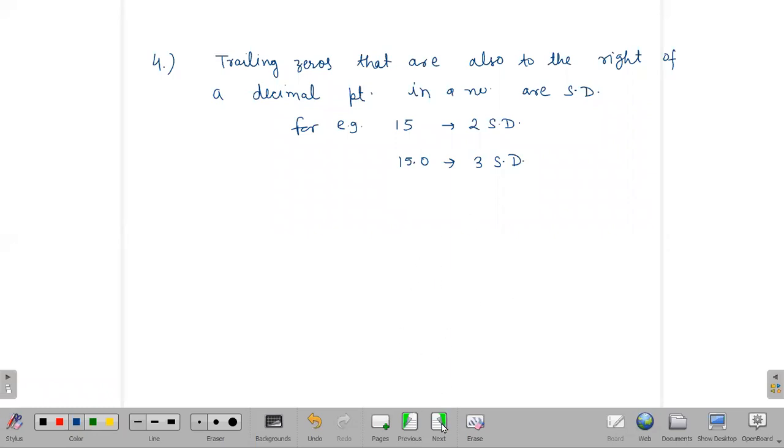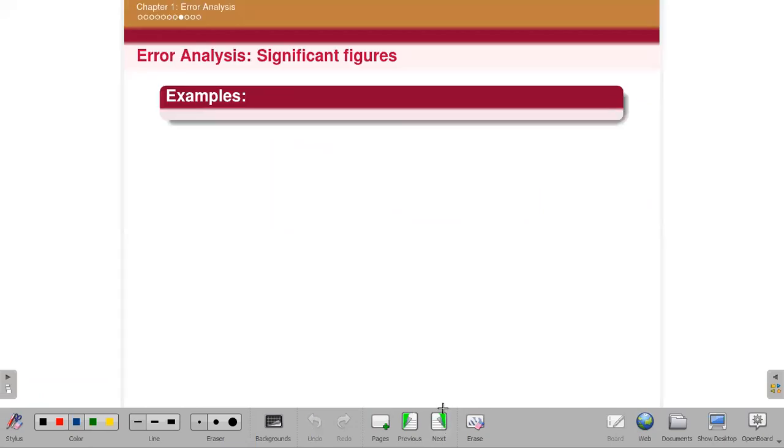Next, we do some examples here. First example, we add floating point numbers. 0.4546 E3. Actually, this is another representation of a number.